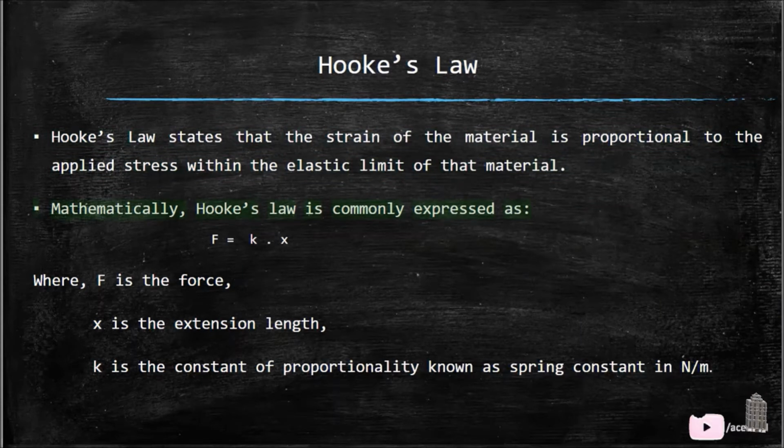Mathematically, Hooke's law is commonly expressed as F equals K X, where F is the force, X is the extension length, and K is the constant of proportionality known as the spring constant, in N/m.